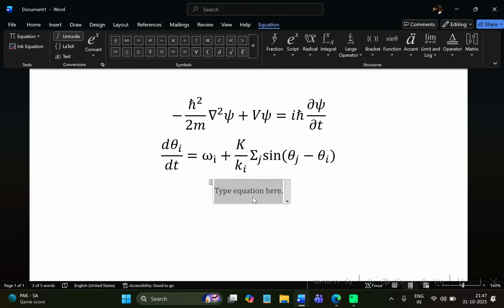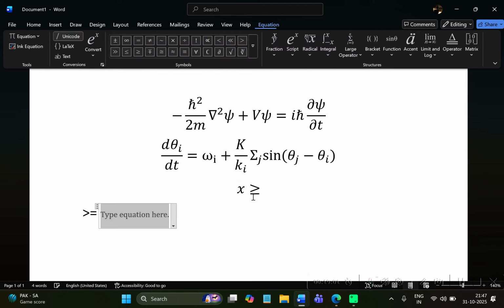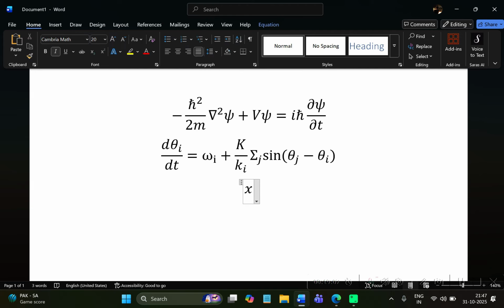For greater than or equal to, just type the greater than key and then the equal to key. If you're in equation format, pressing those same keys in order will automatically produce greater than or equal to.